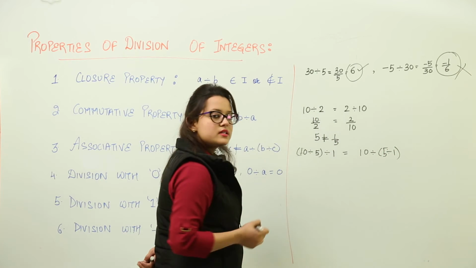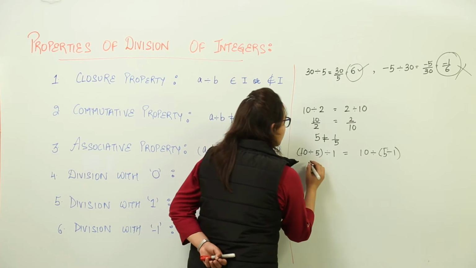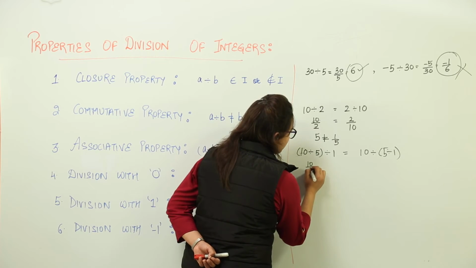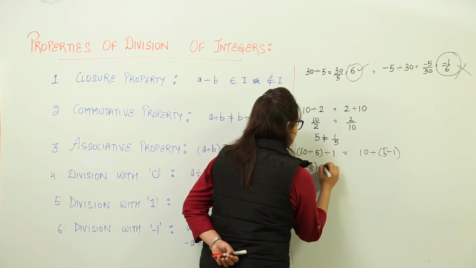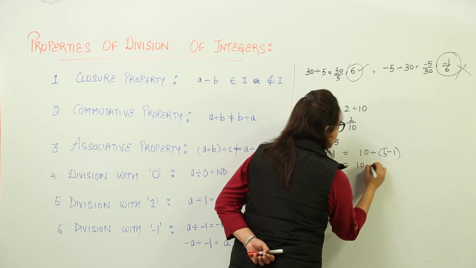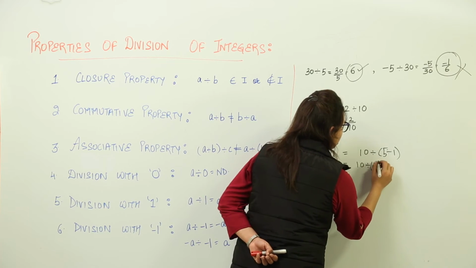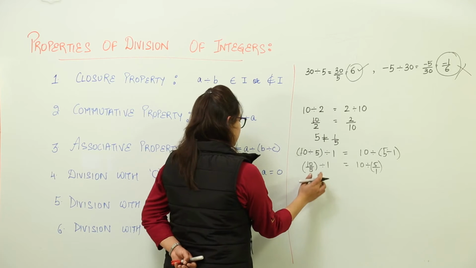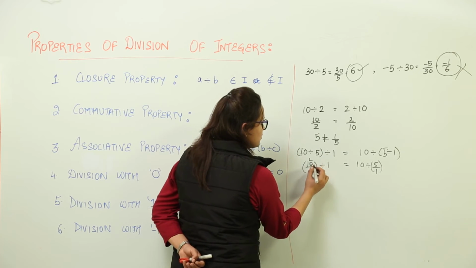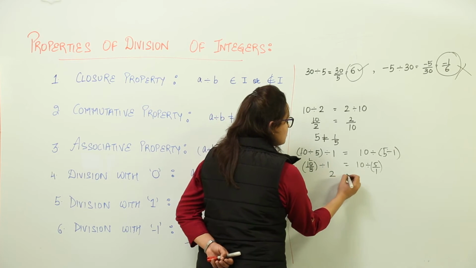Now let's check the answers for these. What will be 10 divided with 5? It would be 10 upon 5 divided with 1. So what do we get on the left hand side? We get 2. 2 divided by 1 is 2.